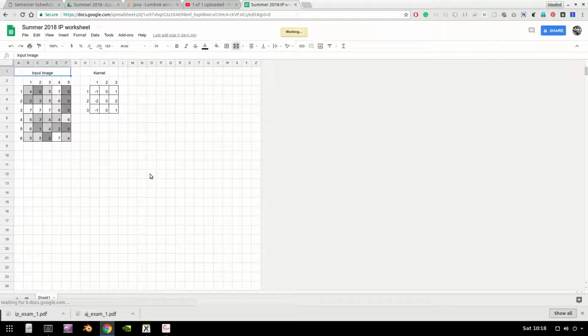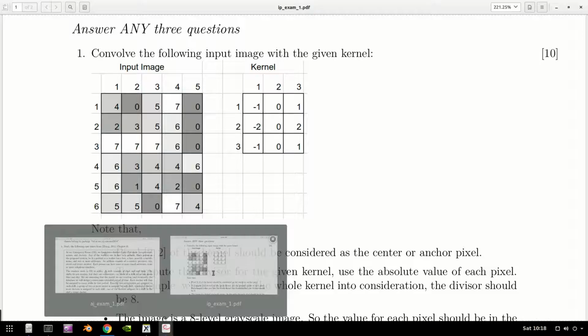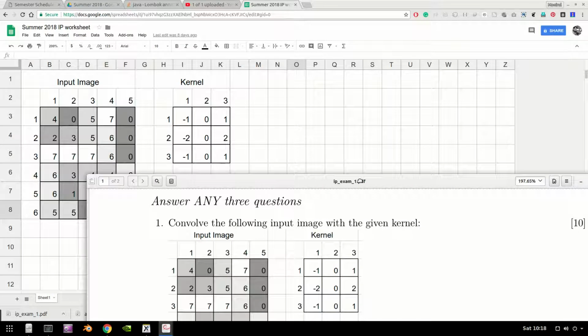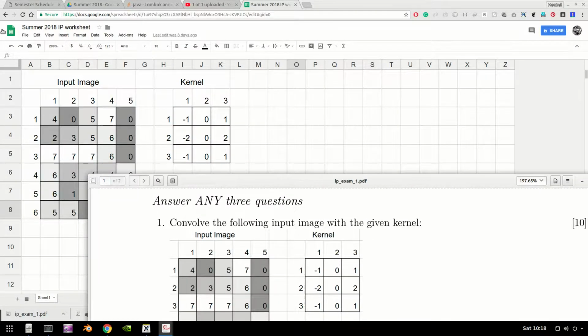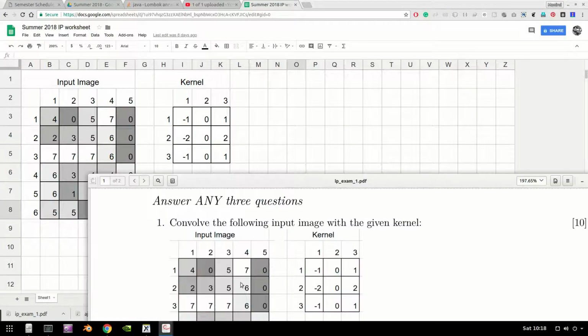I think I have it here. Yeah. Okay, so that's exactly the same question. I actually wrote this thing first and then took a snapshot and used that on the question.